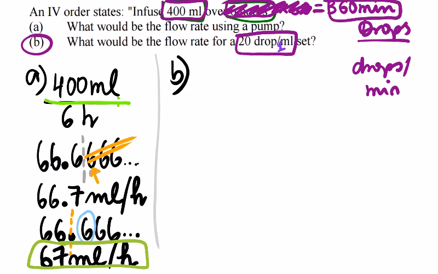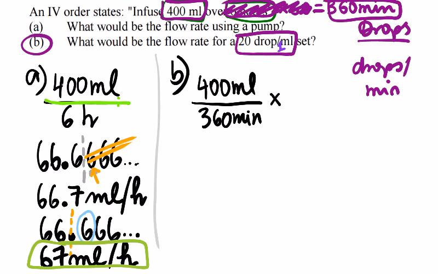And how do we set it up? Similarly to the original one, the volume we want to run over the time, but of course in minutes because we are using a drop set. And of course we needed to somewhere use the drop set number here. So that will be times the 20 drops per mil.